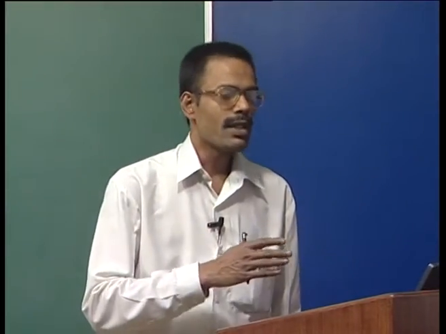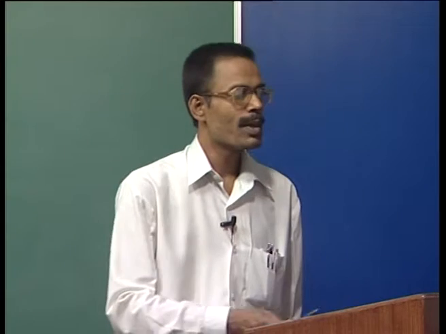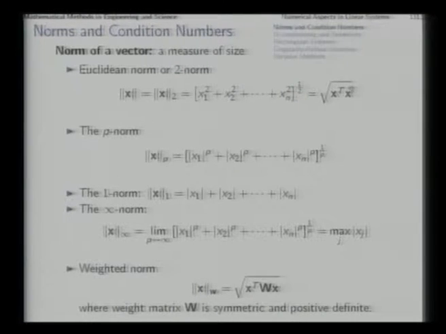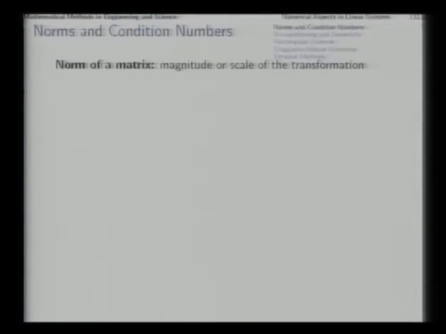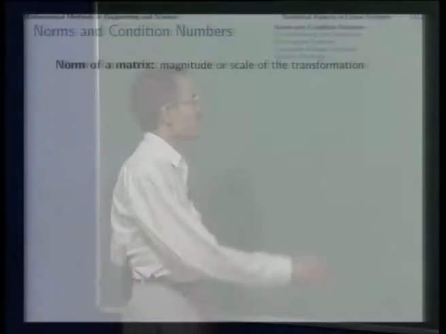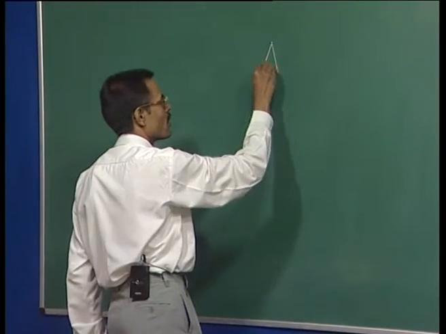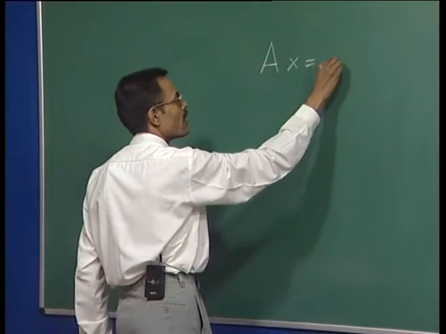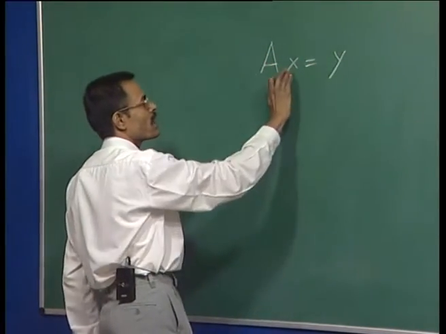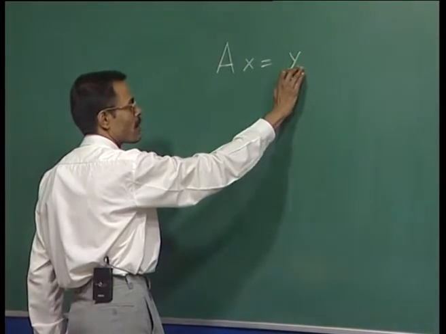Unless otherwise stated, in all our dealings we will be talking about the Euclidean norm, but then in the same context other norms also can be used. So, when we talk of norm of a matrix, we ask what is the job of a matrix, in what sense we can talk of the size of a matrix. The task of a matrix is to multiply a vector and give another vector.